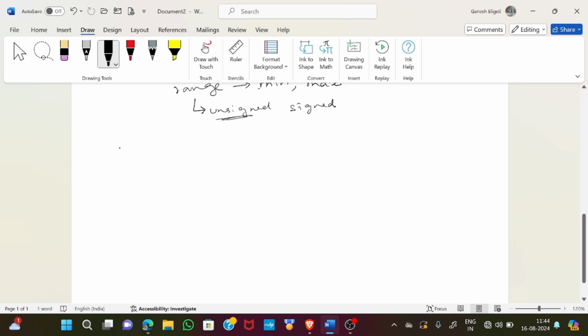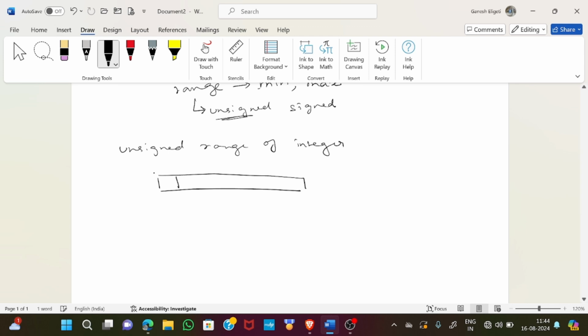In the unsigned range of integer, let's say we have 32 boxes. I'll be representing MSB, which is the most significant bit, and this last one is LSB, the least significant bit. So in total, there are 32 boxes because, like we saw just now, it has 32 bits.